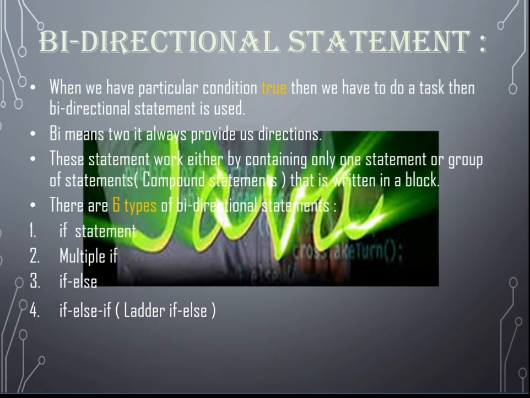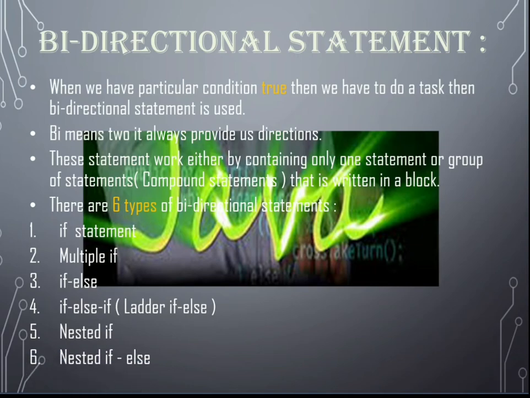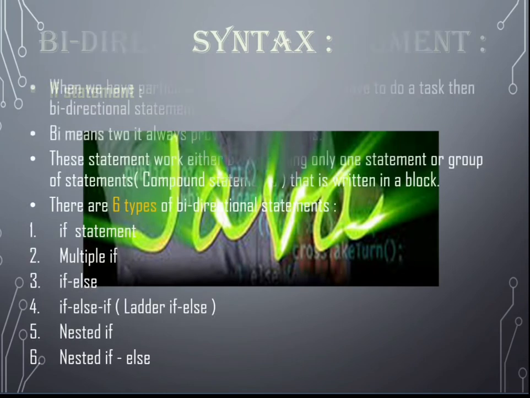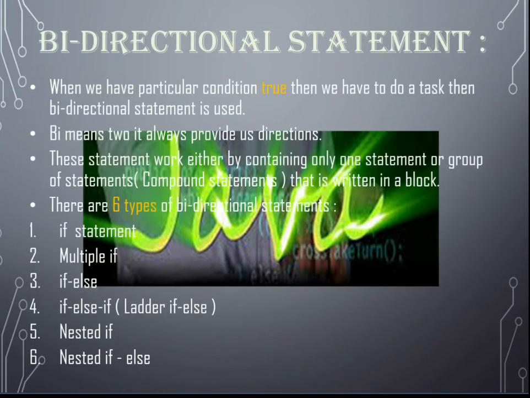Then we have if else if, also known as ladder if else. Then we have nested if. Then we have nested if else. Now, we have so many conditional statements, but in this video, I'm going to consider the first 3.